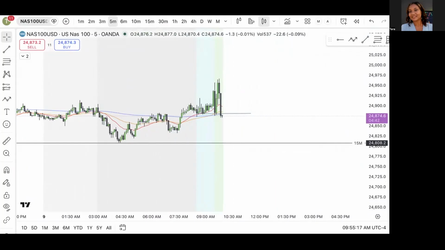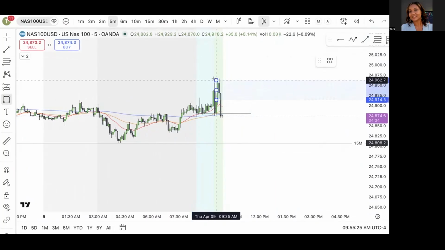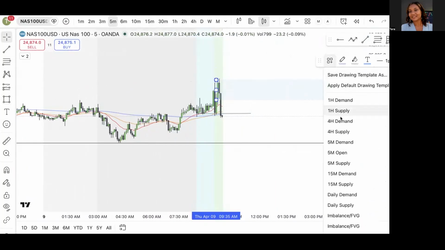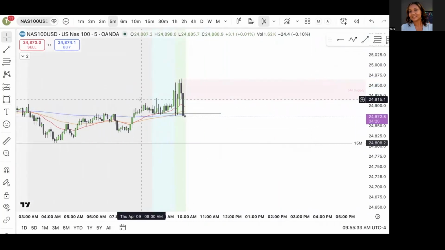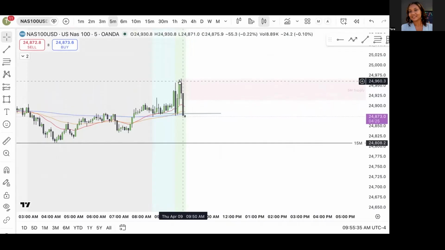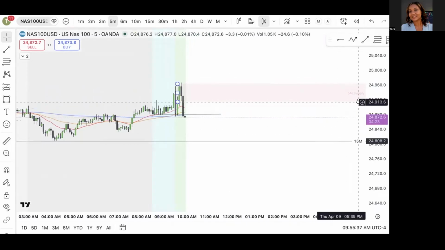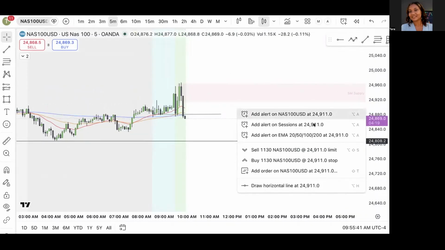Now we're wondering if price will come back up to this supply area, the last push up before our push down. We'll just start right here. And we'll go ahead and set an alert in this area so we know when it comes back.